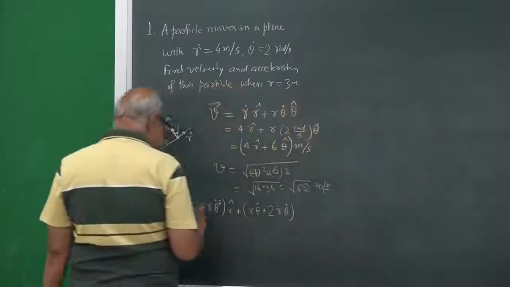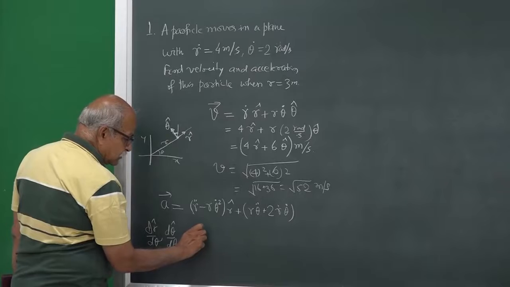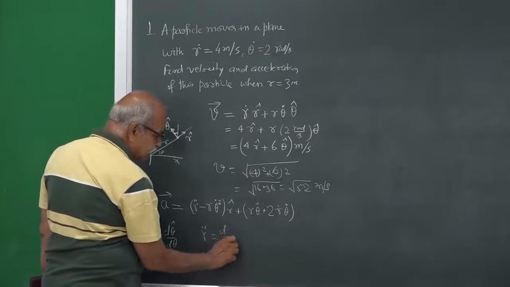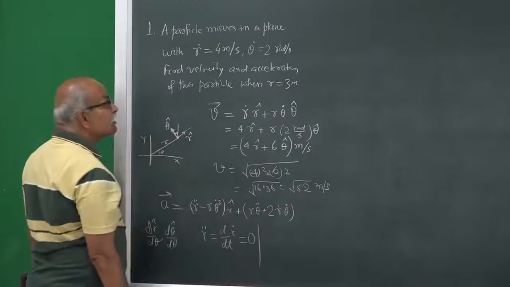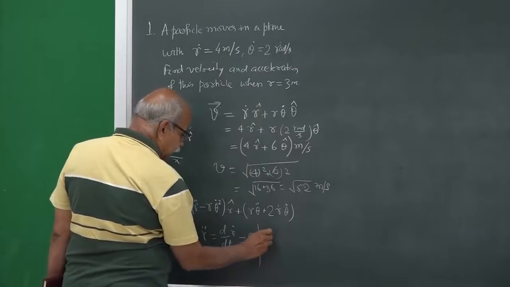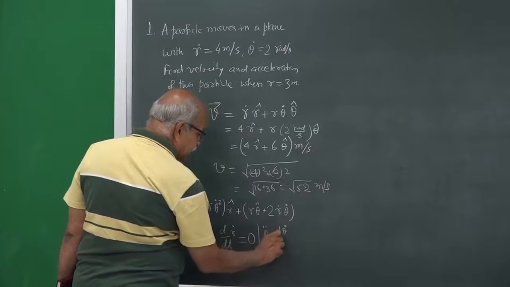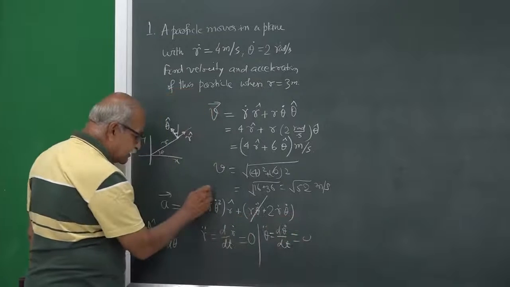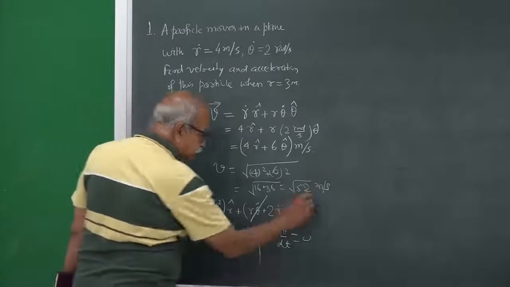So, if I put the values here, r dot is fixed. Okay. So, r double dot, which is d/dt of r dot, is 0. And theta dot is 2, and therefore theta double dot, which is d theta dot by dt, is also 0. So, this is 0 and this is 0. What we are left with is r theta dot square.